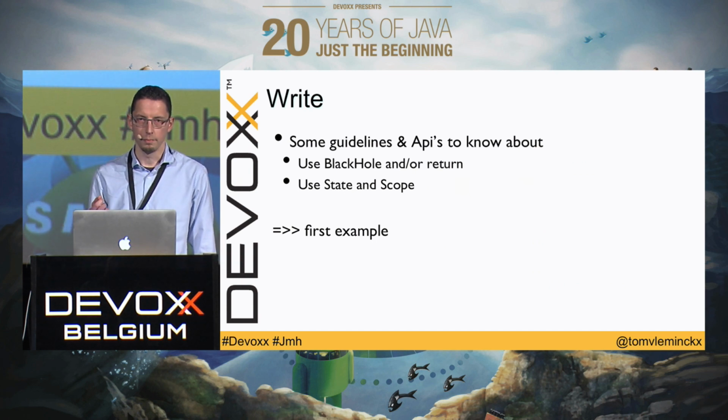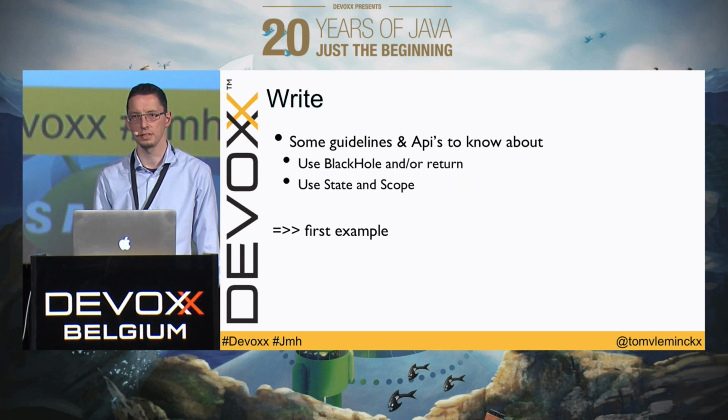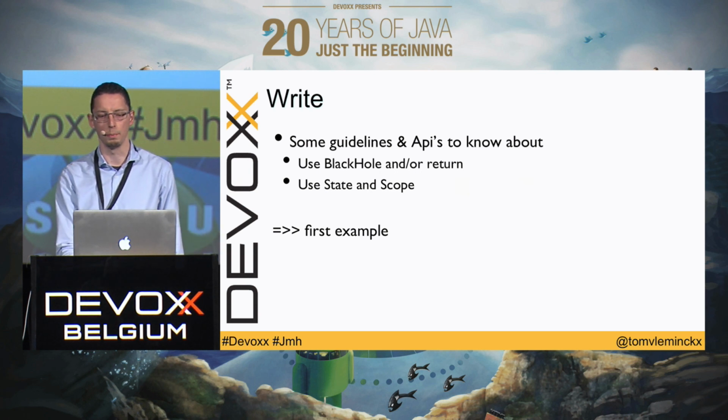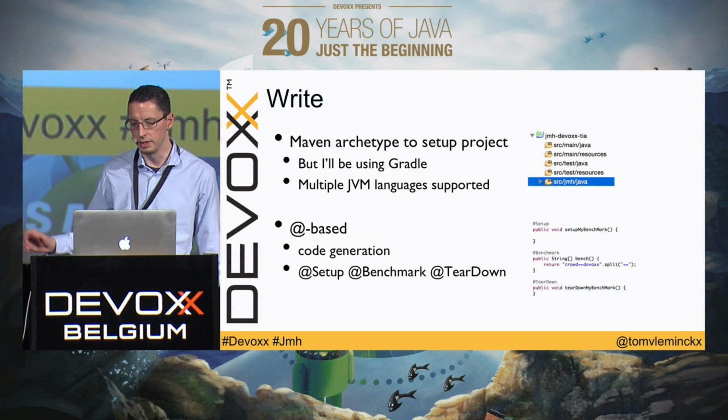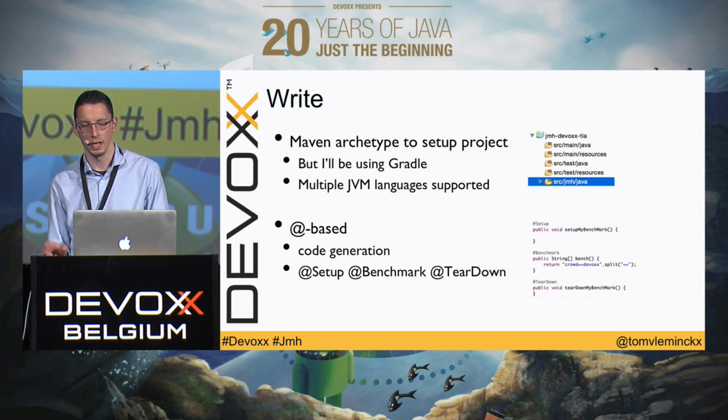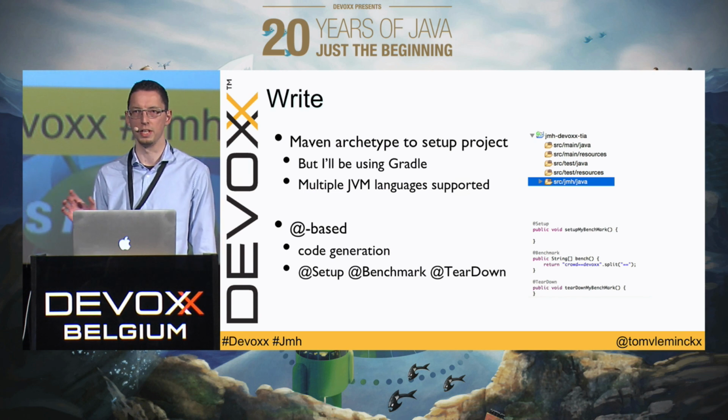There are hard things in writing that performance test, that benchmark test. Most of them are abstracted away, but there is one thing you absolutely need to know, which is that you want to use either a black hole or a return statement. I will explain. In this example, in my bench method, I actually return the result of my calculation.